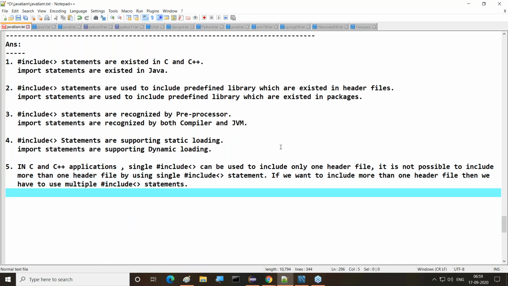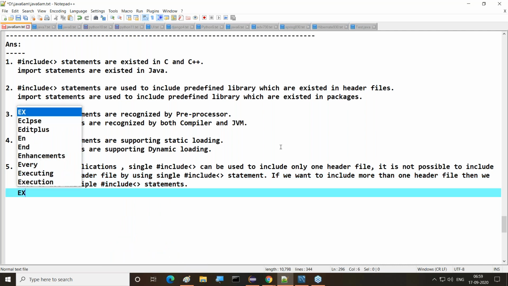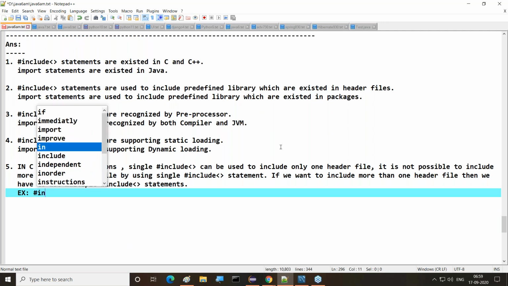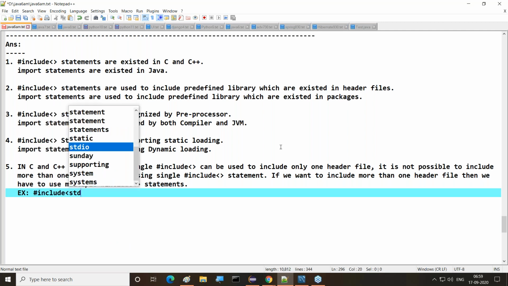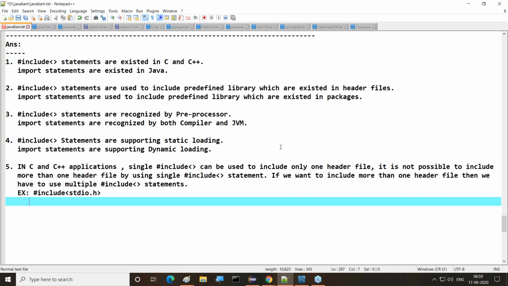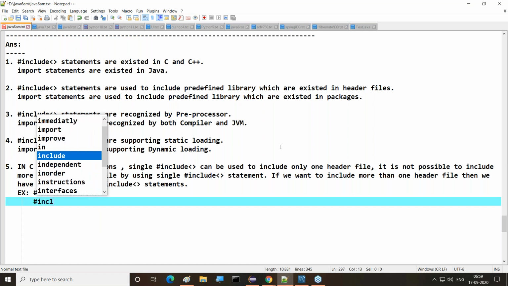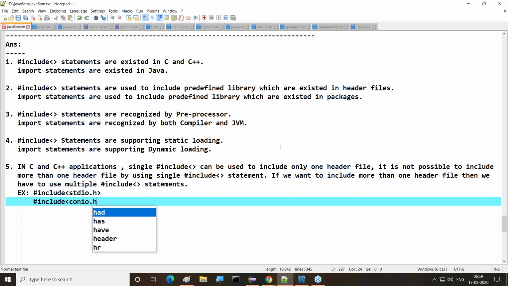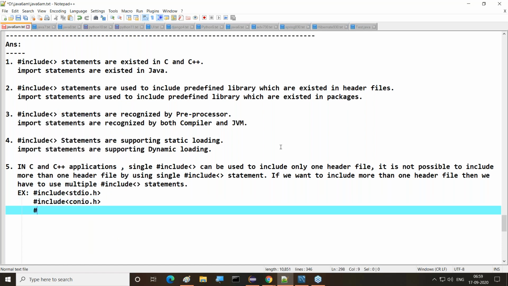We already saw an example, I'm telling you: hash include yesterday.h, then hash include new.h. Just hash include.